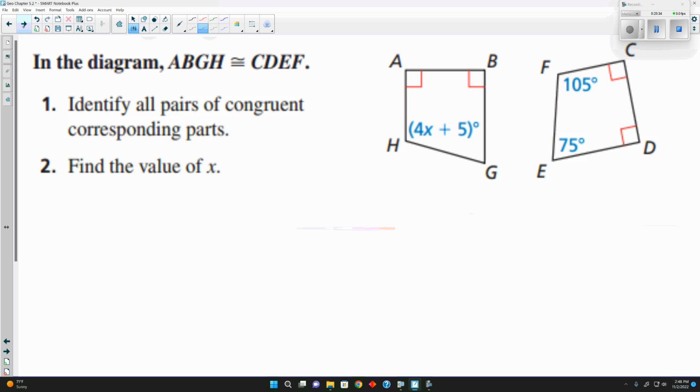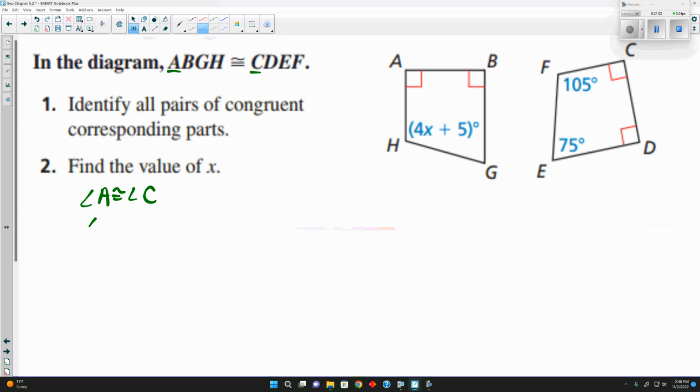In the diagram, identify all pairs of congruent parts. So angle A is congruent to what? Angle C. Because A and D do have a 90-degree angle, but according to the statement, A and C match up.